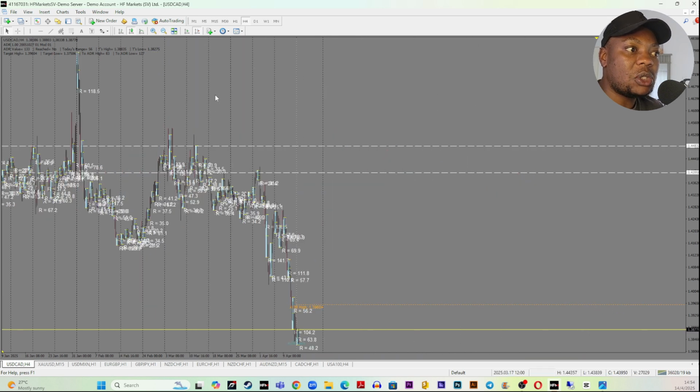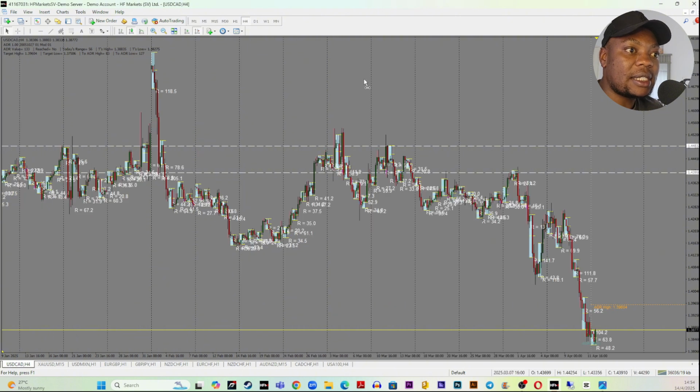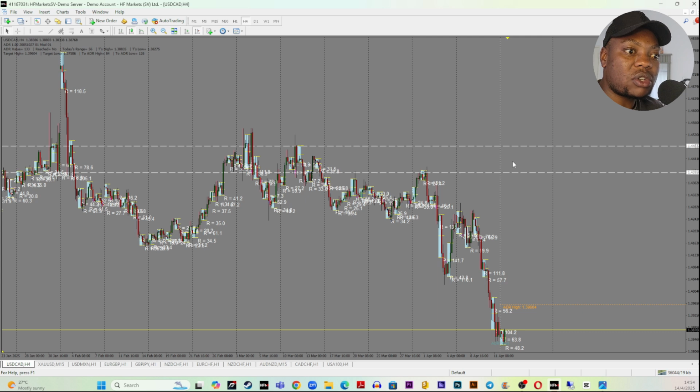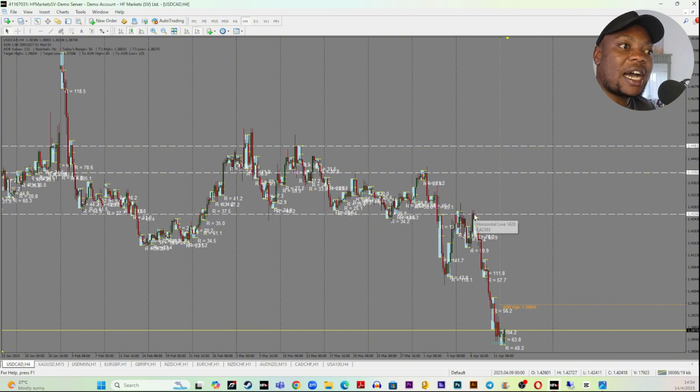I've zoomed in so that we can see how the structure looks. We have 1, 2, and 3 at a possible reversal point of the H4 time frame. In this particular case, we can safely see that this is a peak formation high, and this is a peak formation high, and this is also a peak formation high due to the structures. So this is level 1, level 2, and level 3.